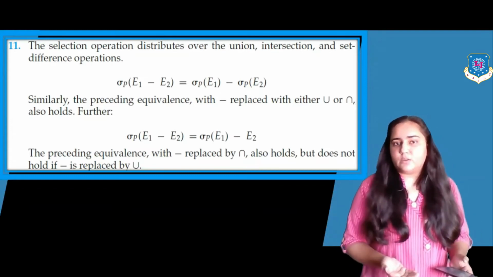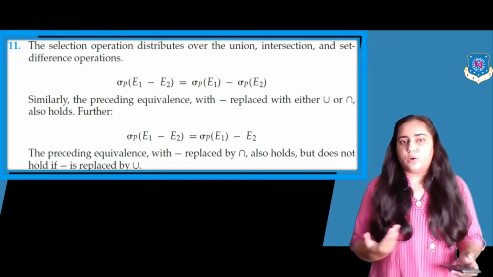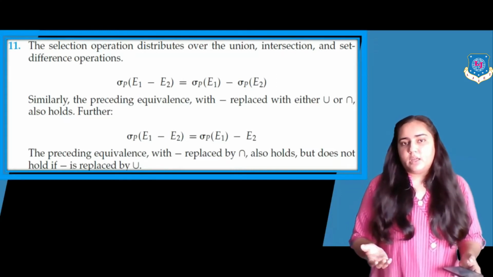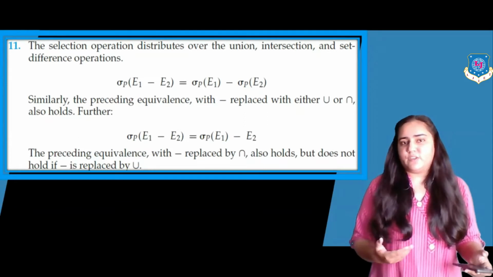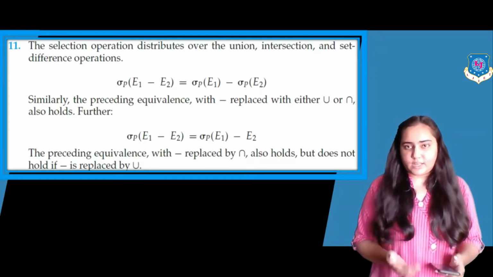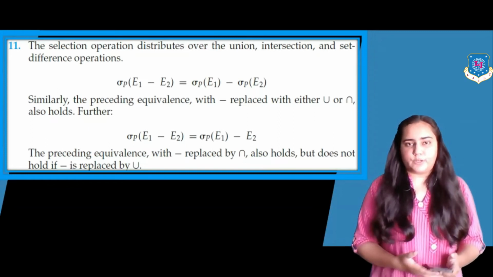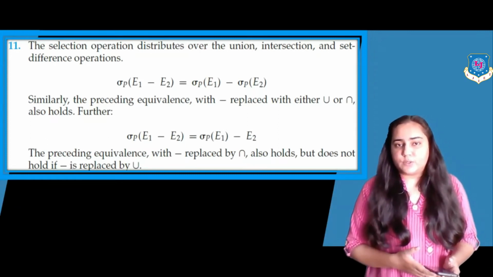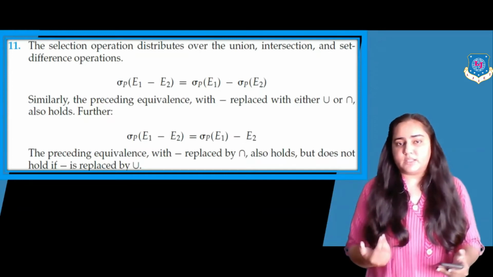Similarly, the preceding equivalence with minus replaced with either union or intersection also holds, which means I can do the same thing if instead of E1 minus E2, it was E1 union E2 or E1 intersection E2. I can still distribute the select operation. And you can see next what you have is sigma p of E1 minus E2.